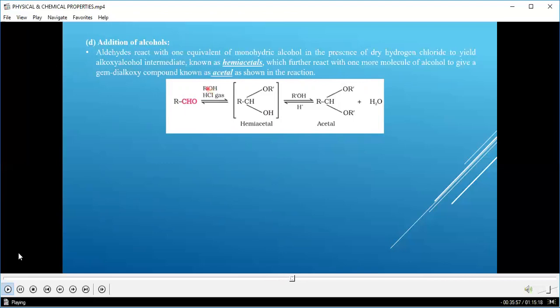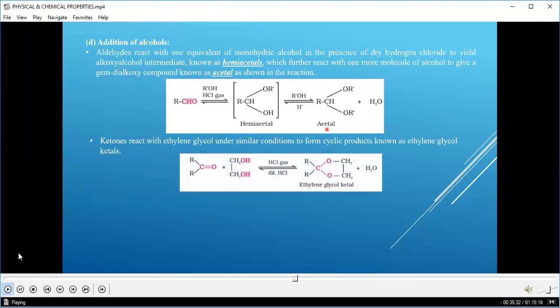So this OR dash will act as a nucleophile. It will go to the carbon atom and this H plus will combine with this O minus. So we have a hemiacetal. Then with one more molecule of an alcohol, we are going to obtain the final required product, which is known as acetal or gem dialkoxy compound.